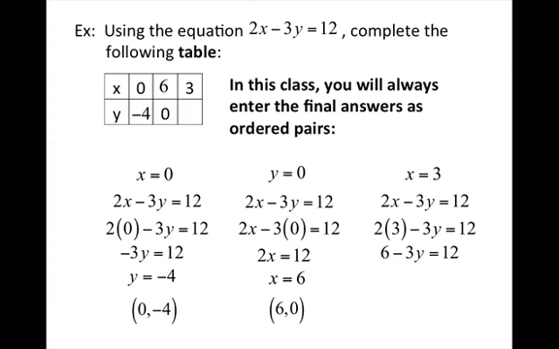I solve for y by first subtracting 6 from each side, and I get -3y equals 6. And then finally divide each side by -3, and I get y equals -2. So I can put -2 in my table, and then this gives me the ordered pair (3, -2).